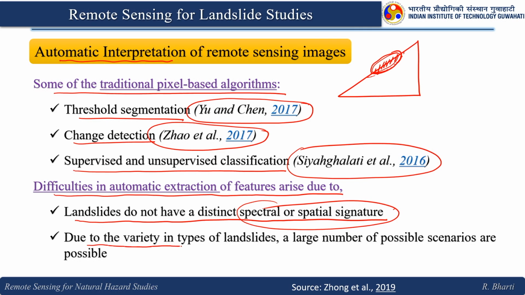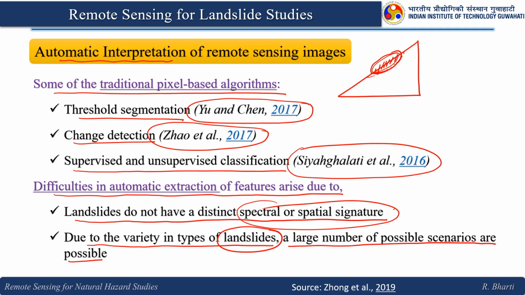Due to the variety in types of landslide, a large number of possible scenarios are possible. We have already seen that there are very different types of landslide, different types of mass movement, different types of velocity, and all of them will have different nature.